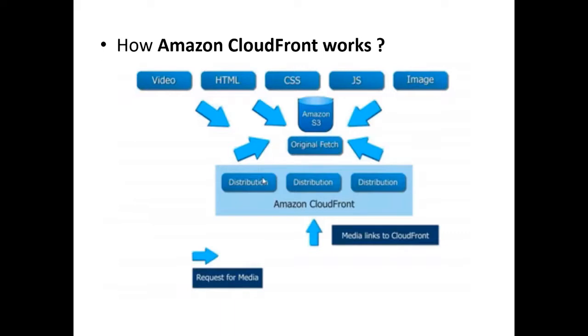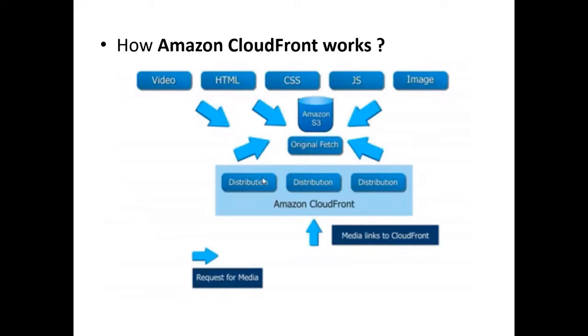When there is a request for any file by a user, maybe a media file or any other file, initially the file is traced to one of the Amazon S3 locations which might be situated in any part of the world.